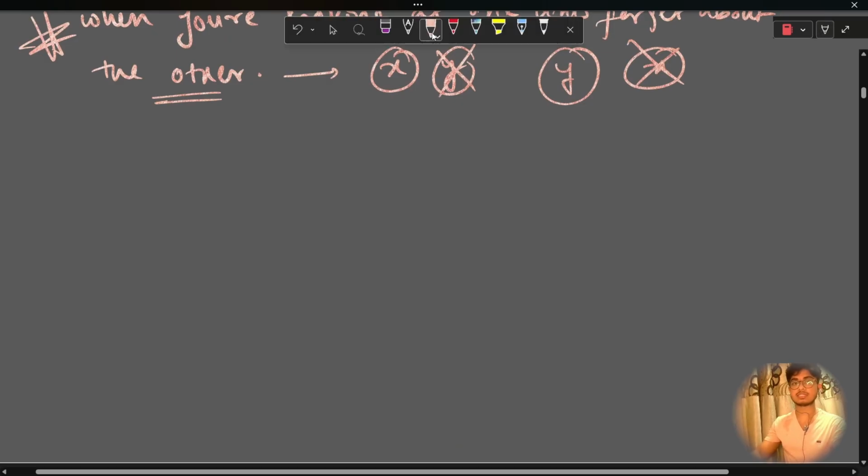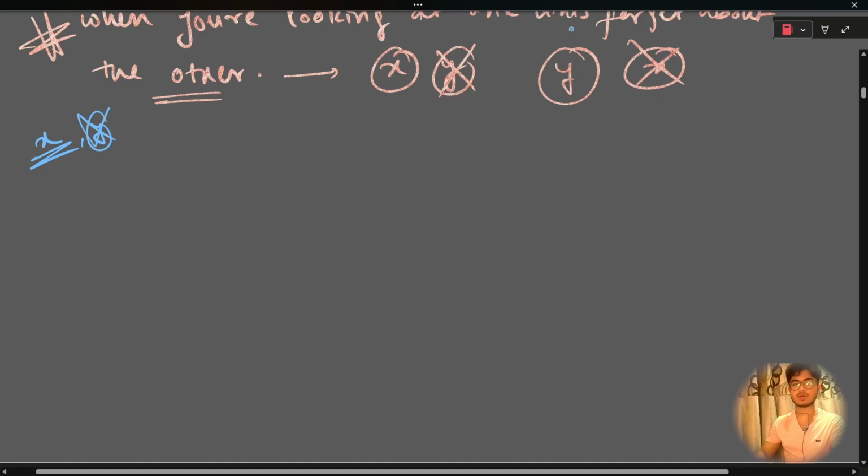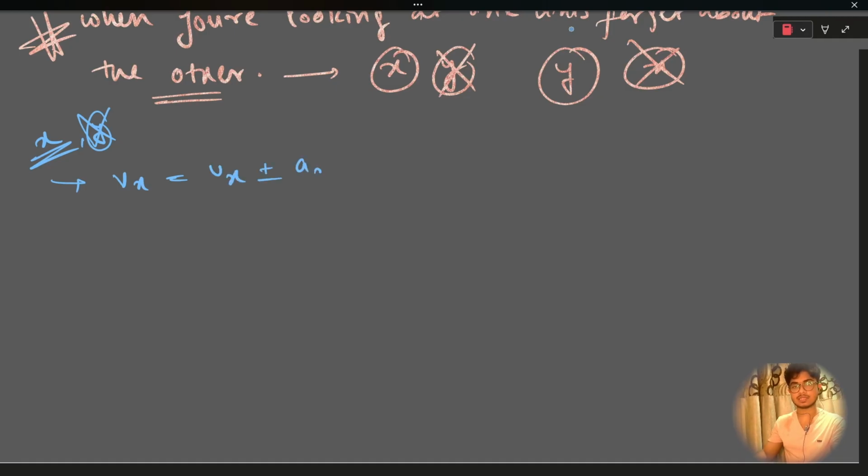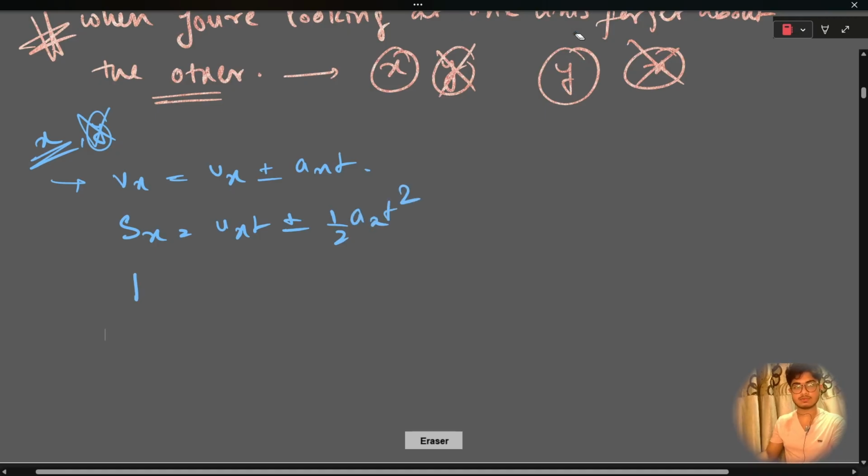Now, how does this apply? Suppose you're looking at the x-axis, so forget about y. So the equations will be vx equal to ux plus ax t, sx equal to ux t plus minus half ax t square, vx square equal to ux square plus minus 2 ax sx.